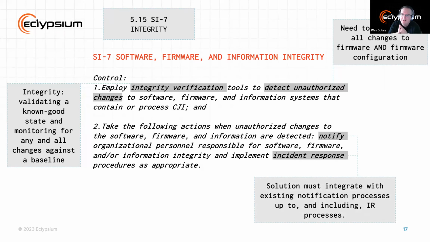So if we do determine that a piece of firmware or a firmware change is something that is nefarious or has potential risk imposed on it, it needs to be integrated with our existing processes around incident response and notifications, and we need to make sure that people are aware and can take action against it.